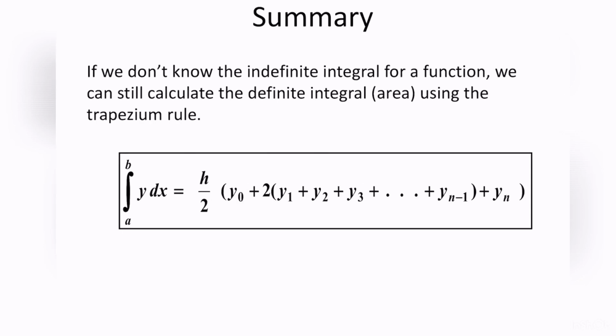So the general trapezium rule is of the integral from a to b of y dx. As you can see it here, this is the summary for it, and this is h, which is the width of each strip, which equals b minus a over n, and b and a are the limits, and n is the number of strips.